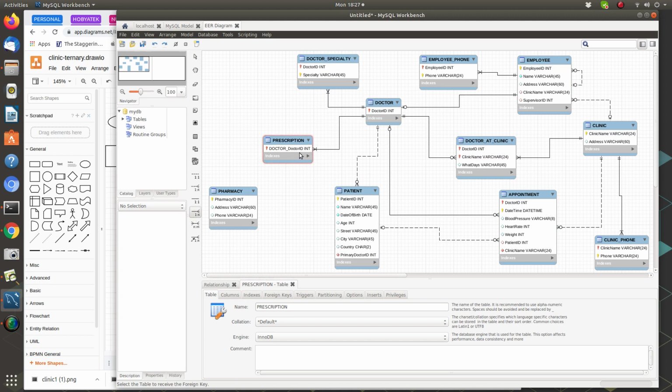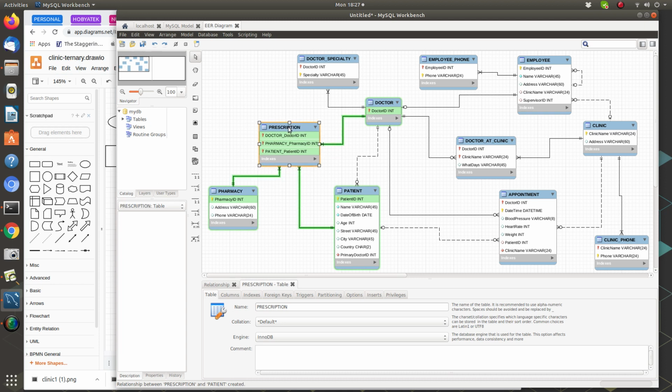Again, prescription is the n side, pharmacy is the 1 side, and we get the pharmacy ID as part of the key. And the third time, prescription is the n side, patients is the 1 side, and we get all three parts of the key.